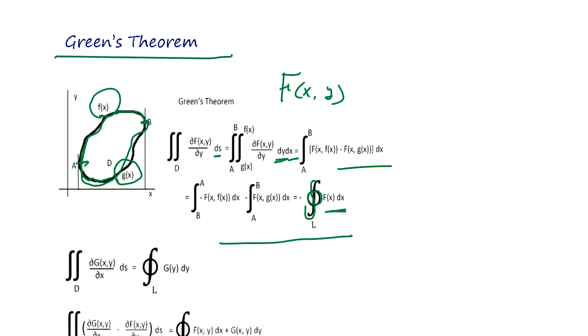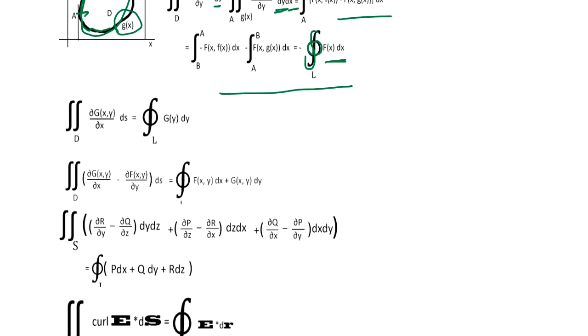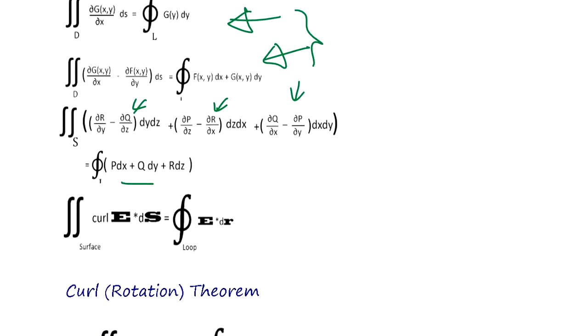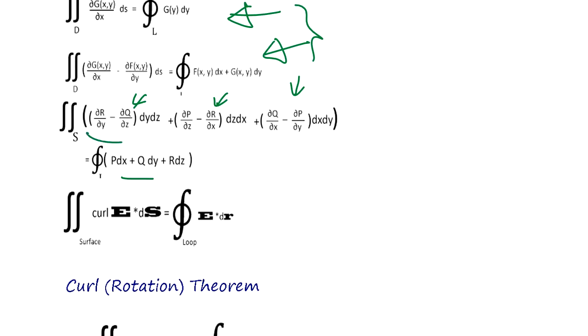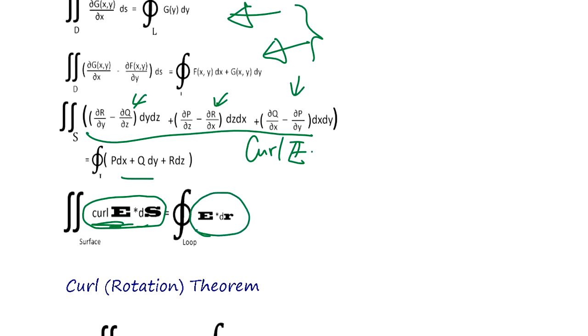You do that for each component. Green's theorem proof is everywhere, you can go through it. If you add them up, it becomes nicely a curl of E. So the integral of the curl of E over the closed surface is going to be the same as the line integral.